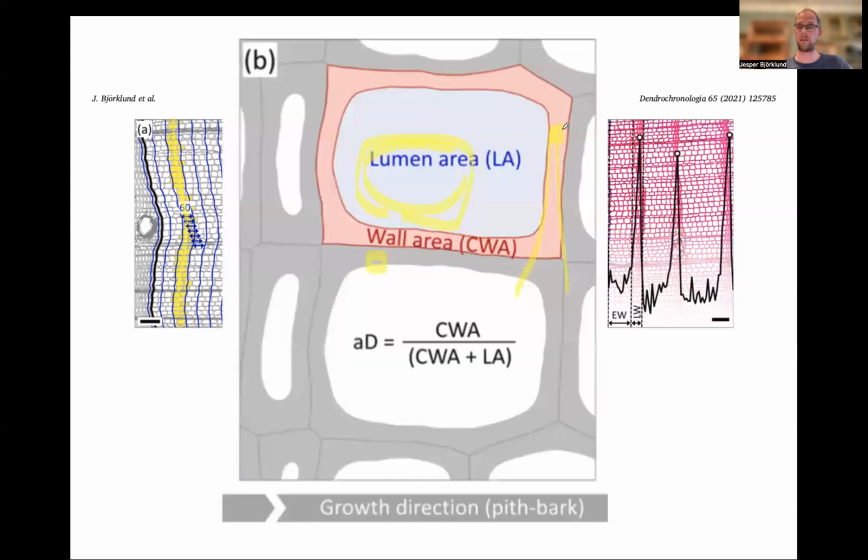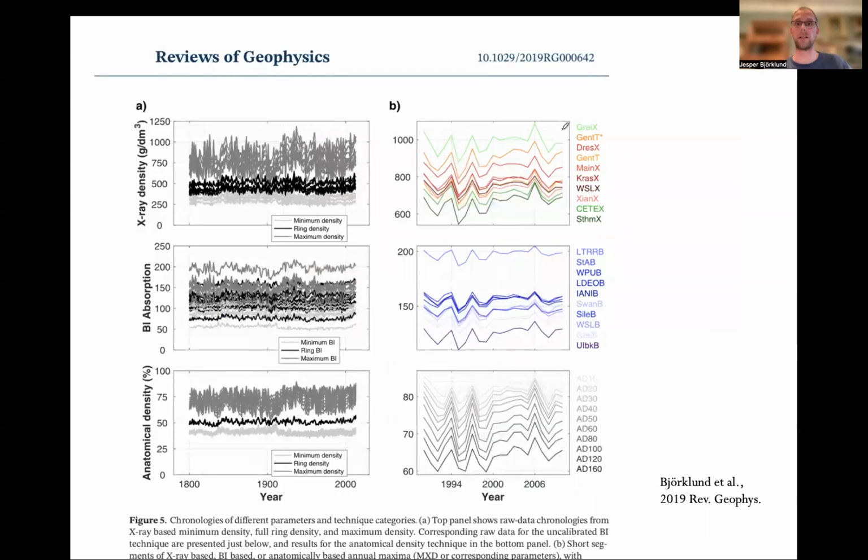Doing this, you can see here below, we have done wood anatomical density, or wood anatomical MXD, on, again here, Pinus sylvestris. This is measured at different measurement resolutions.